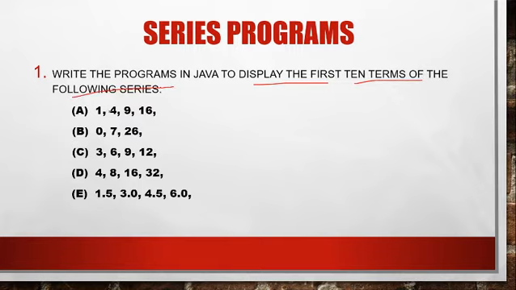Suppose 1, 2, 3, 4, 4 terms are there, and the next 6 terms you have to print. So what will be the next term? Suppose 1, 4, 9, 16 is here. So 1 square, 2 square, 3 square, 4 square. Then 5 square, it means what? It will be 25. Then 6 square, 7 square, up to 10 it will move.